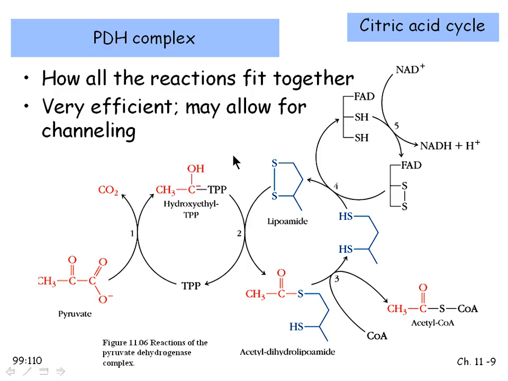3 enzyme-bound cofactors, the thiamine, the lipoamide, and the FAD. 2 soluble cofactors, NAD plus the CoA, and the ability to make a freely soluble reactive acetyl group and a freely soluble set of electrons that can be used somewhere else.